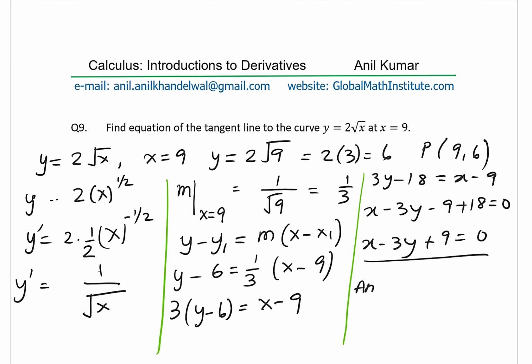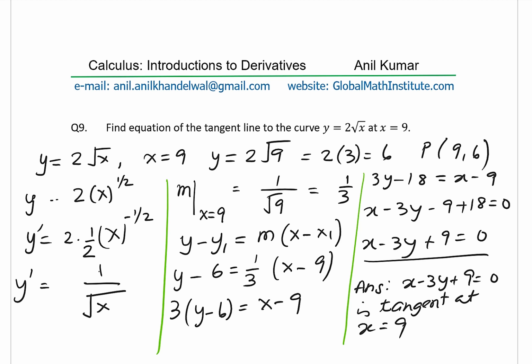So our answer here is x minus 3y plus 9 equals 0, the tangent line equation at x equals 9. Is that clear to you? So that is how you're going to answer this question. Go through these steps, very important question from test point of view.